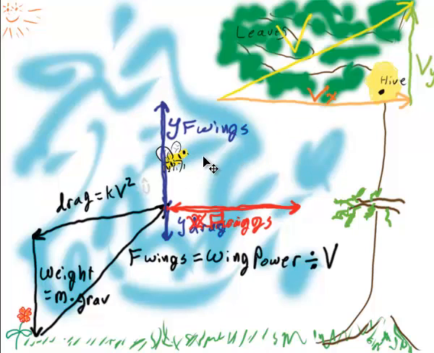So the way we added those is first the drag, then the force upwards of the wings, and then the force down of the weight.